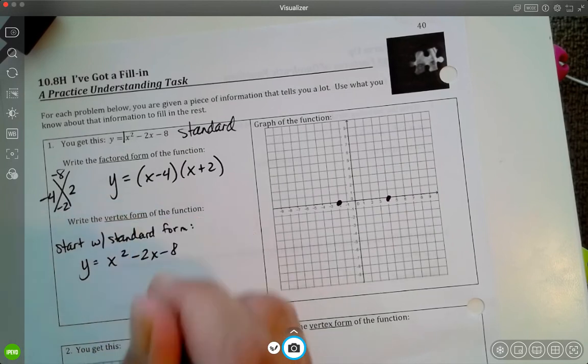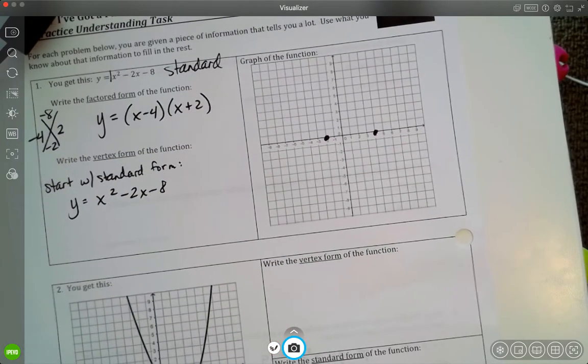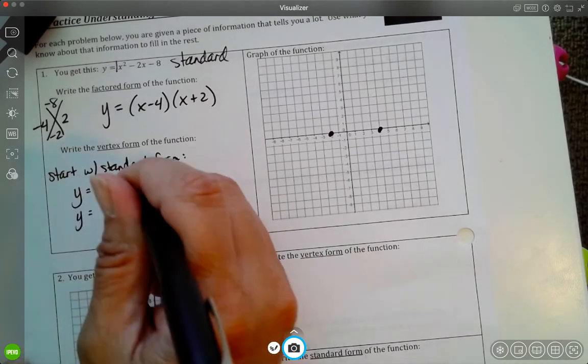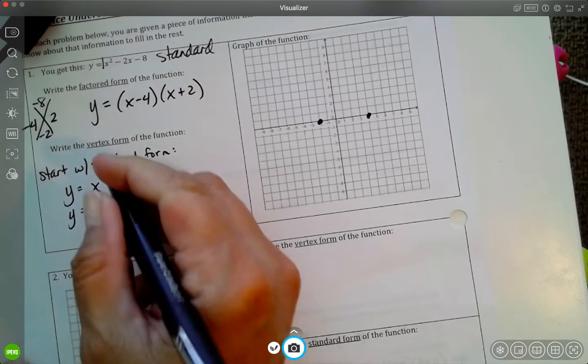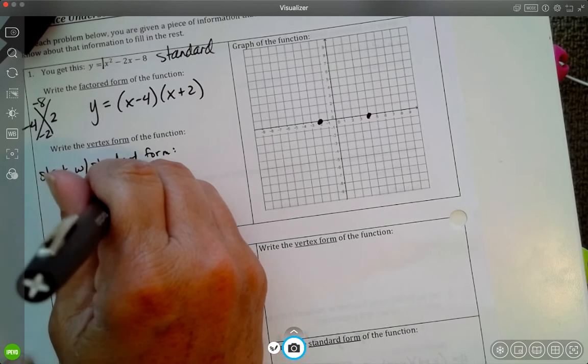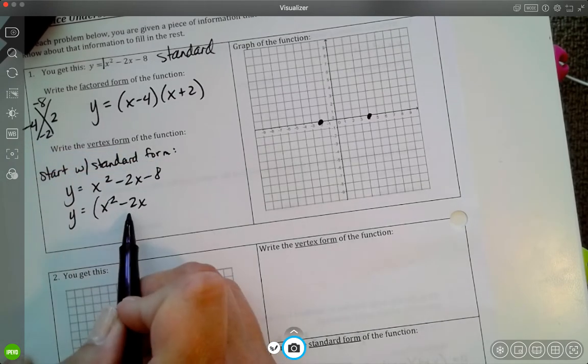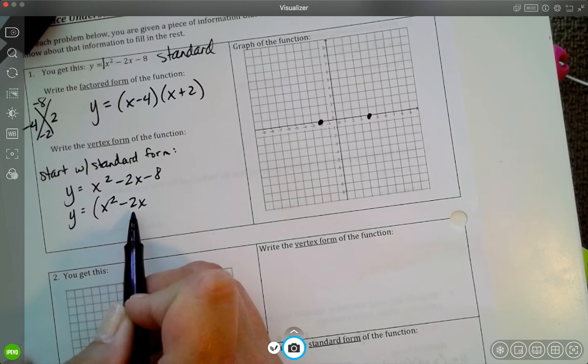And remember, to complete the square and get vertex form, I just want to start with ax squared plus bx. So x squared minus 2x. And I'm going to go ahead and take half of b and square it. So half of -2 is -1. -1 squared is 1.